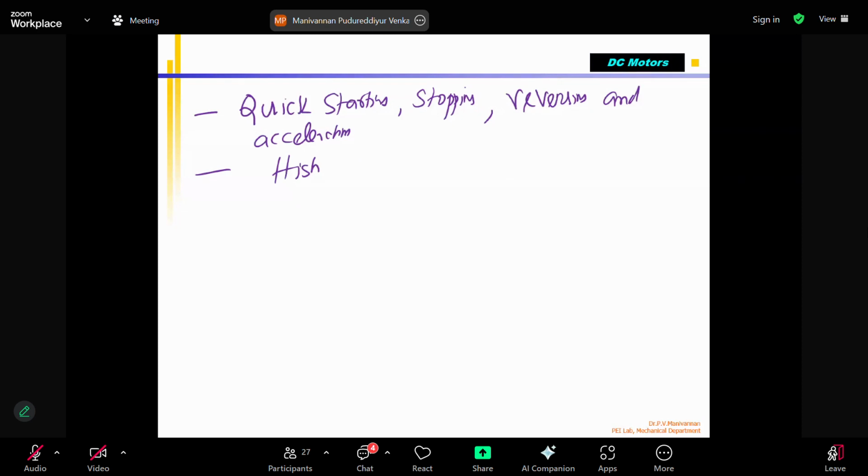In the driver panel, there will be a lever. If you put it in one mode, it will be series, and if you turn it, the coil will be connected in shunt mode internally, using a relay mechanism, correct? So the high starting torque is as high as 500% for short duration, correct? 500% of rated torque is possible in electric motors.